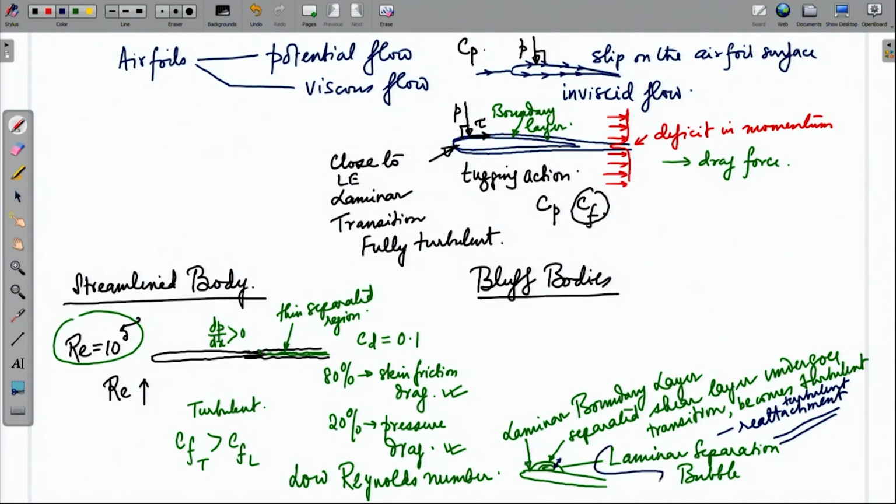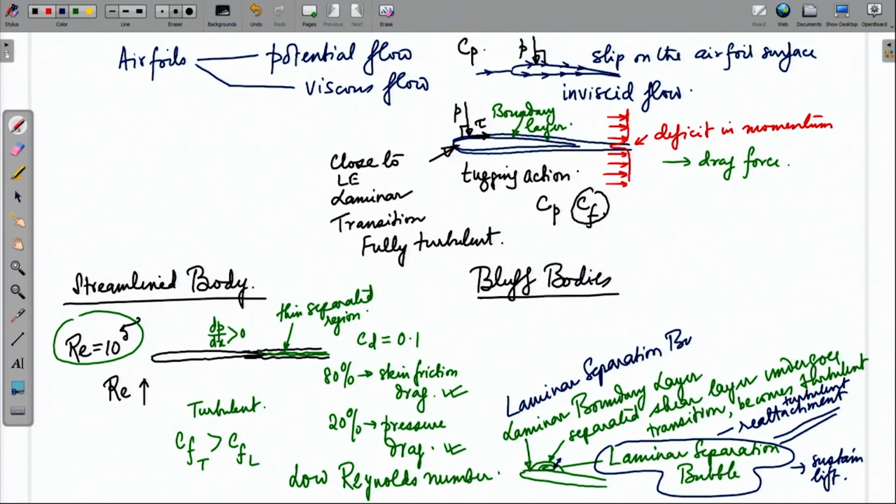So, this is called a laminar separation bubble, which gives a local peak to the Cp distribution on the upper surface of the airfoil, and it enables the airfoil to sustain lift at moderate angles of attack.